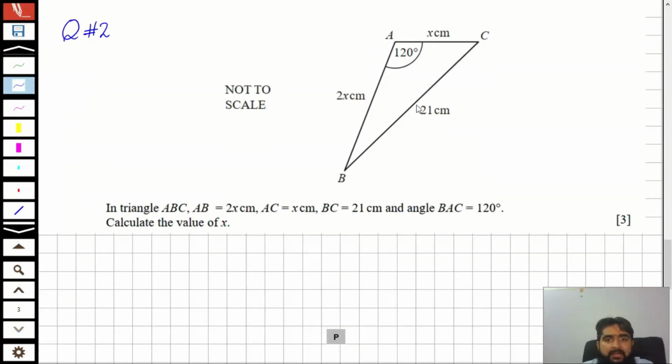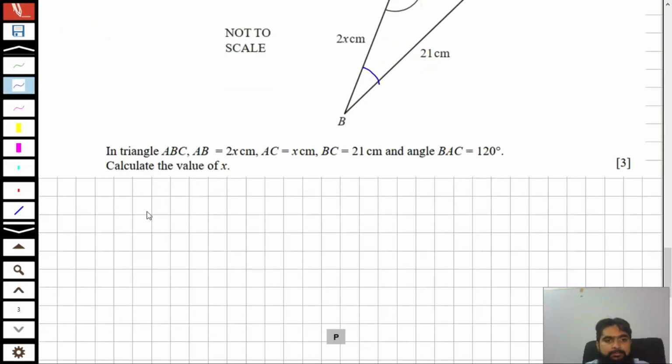So we have to start from side 21 because we have an angle of 120 degrees. If we have this angle, we will start from the opposite side. If we have the angle C, we will start from 2x. Now in this case we have the angle 120 degrees, so we will start from the opposite side, that is 21.